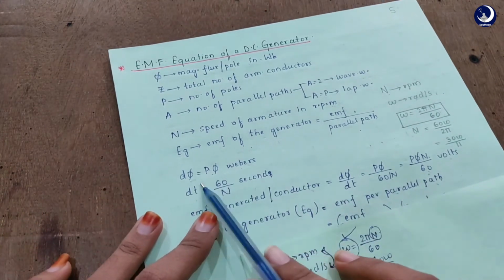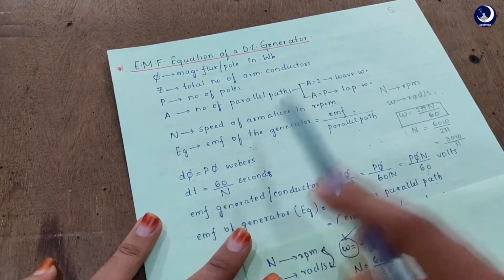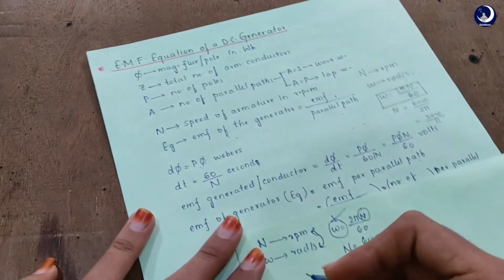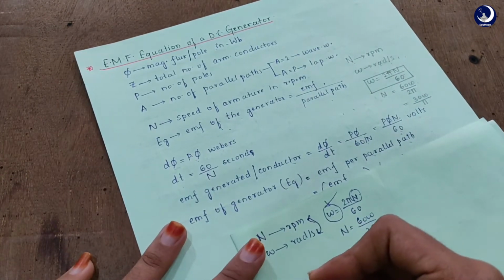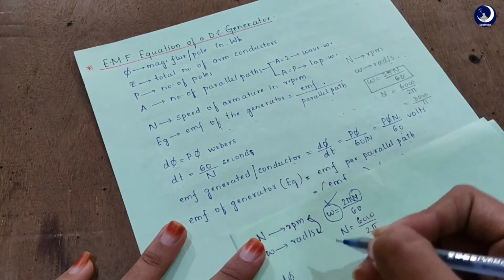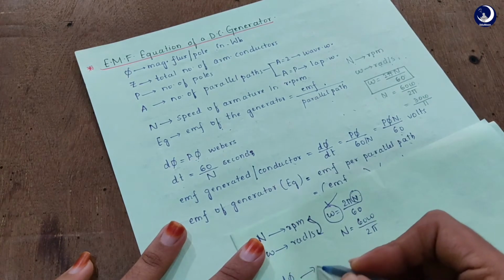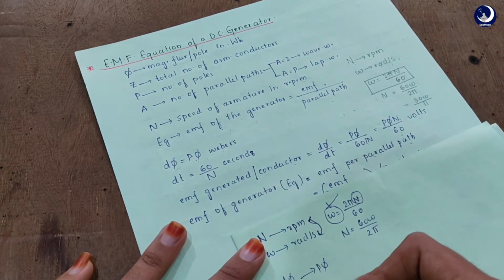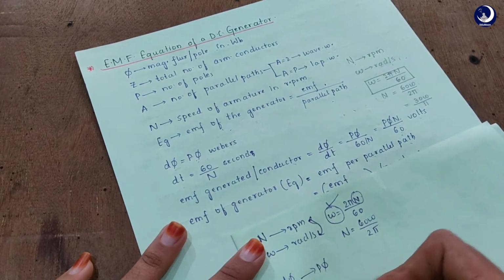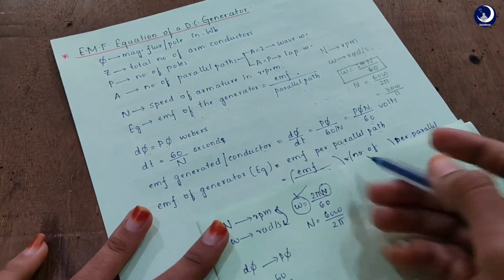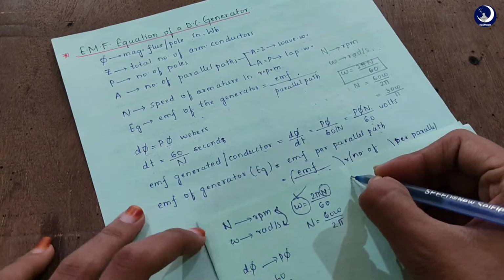So d phi equals P phi Webers, that is, for P number of poles. Let d phi be the change in magnetic flux per pole, so it is P phi Webers, and dt equals 60 by N. See here, what is the formula of omega?